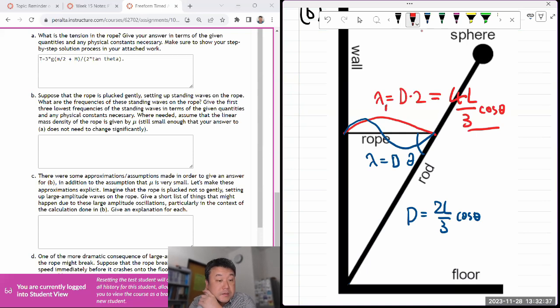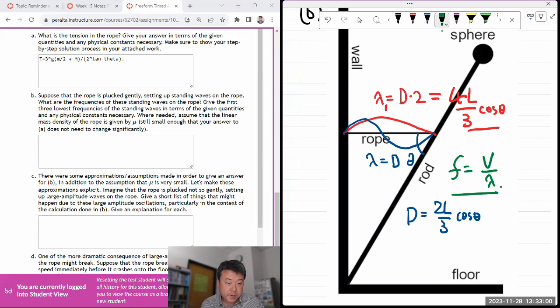So it's one of the 3 lowest frequencies or the 3 longest wavelengths. Once I have wavelengths, I can get the frequency from this relationship. Frequency, working out the units, is 1 over second. So it's going to be the wave speed divided by the wavelength.